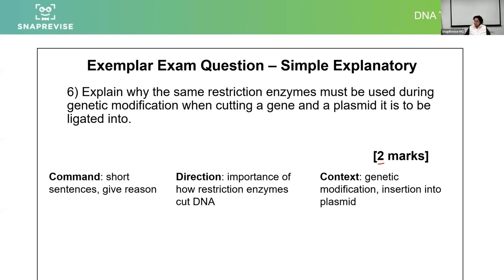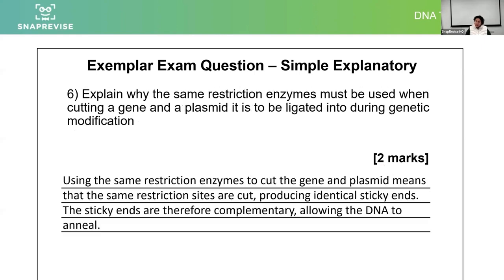Okay. So if we use the same restriction enzyme, it means that both the gene of interest and the plasmid will produce identical, this is the key here, sticky ends.